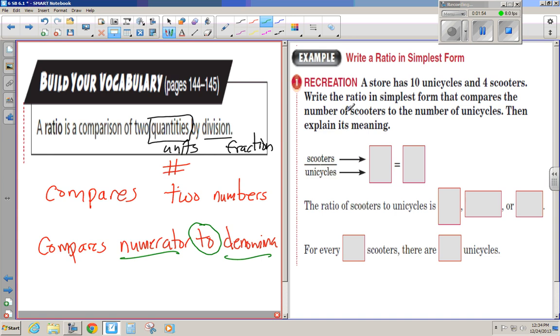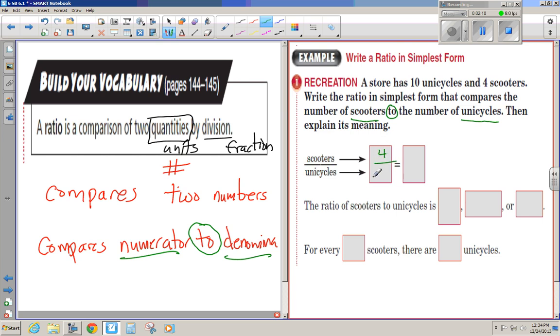So when it says the number of scooters to the number of unicycles, the first one is the numerator, the bottom is the denominator. So the number of scooters is 4, and the number of unicycles is 10, which equals, let's divide by 2, 2/5. So the ratio of scooters to unicycles is 2/5, or 2 to 5.